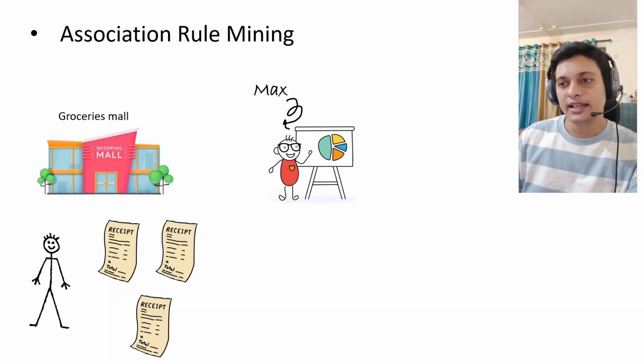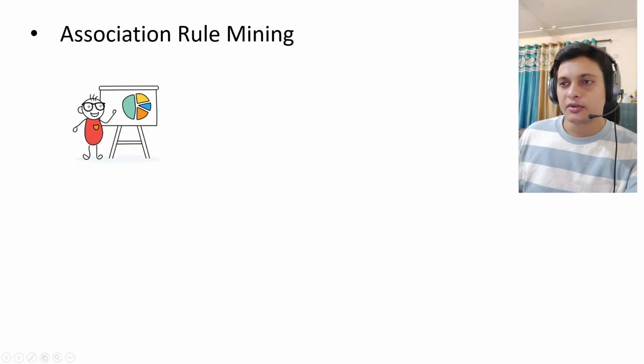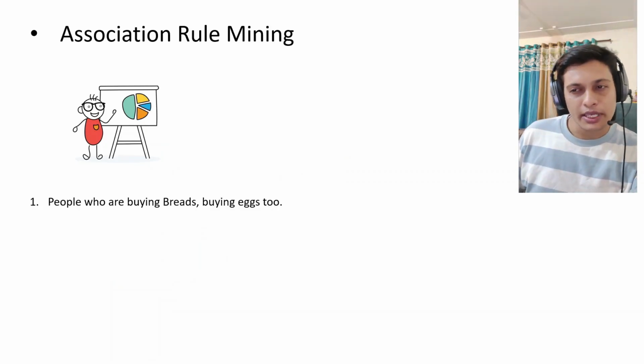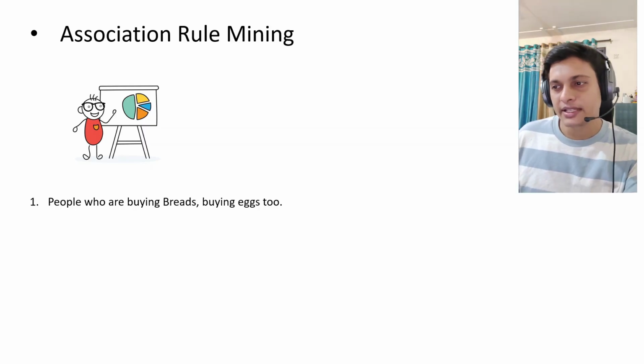And what I will do is I will give these bills to Max, and I'll not say anything. I will just give bills to Max. So what will Max do? Max will look into the data, or Max will just look at all the bills. And after looking at all the bills, what Max understood is: okay, the people who are buying bread, they are buying eggs too.